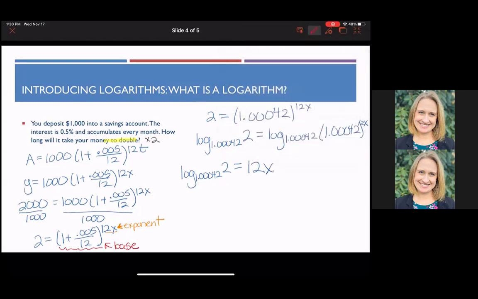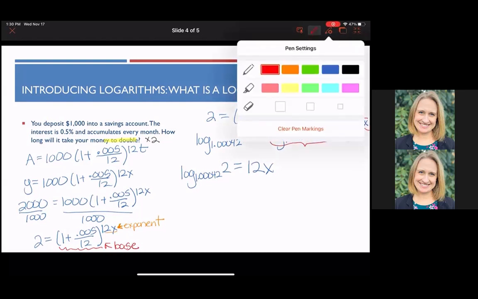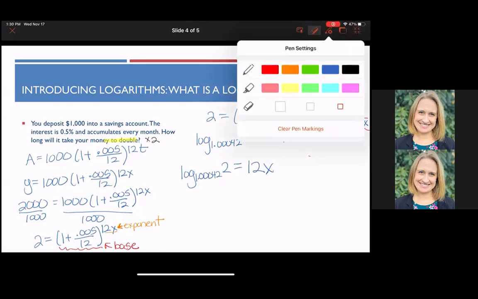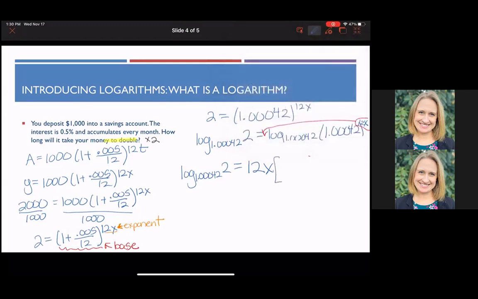This whole piece, the exponent, comes down in front, times our log base 1.00042 of 1.